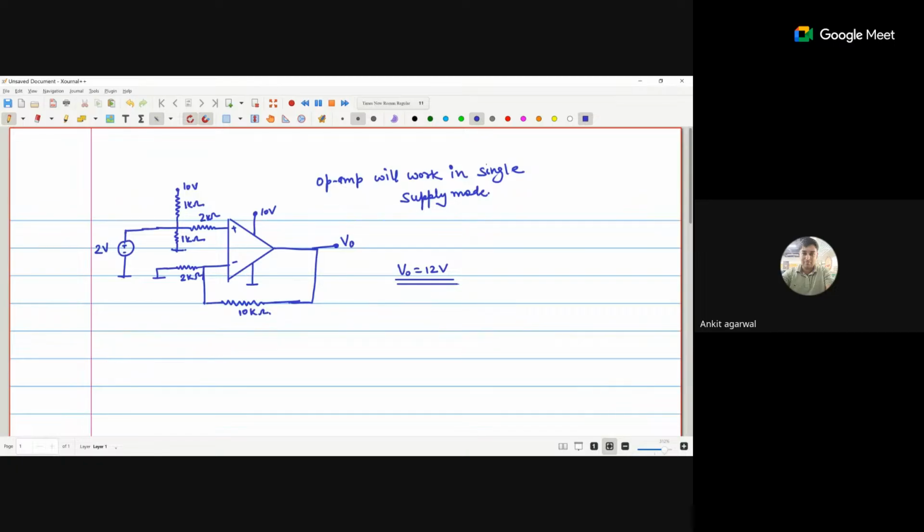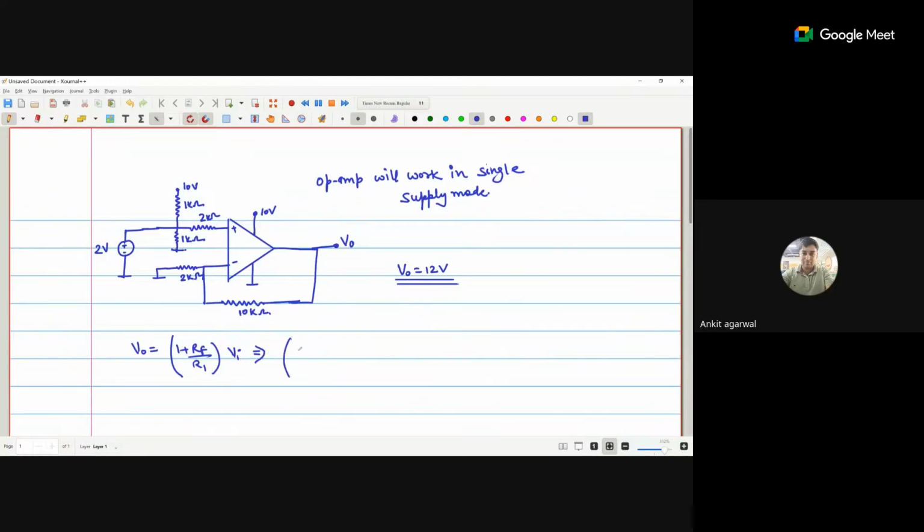Any other? Now the thing is that V naught is equal to 1 plus Rf by R1 times Vi. Okay.